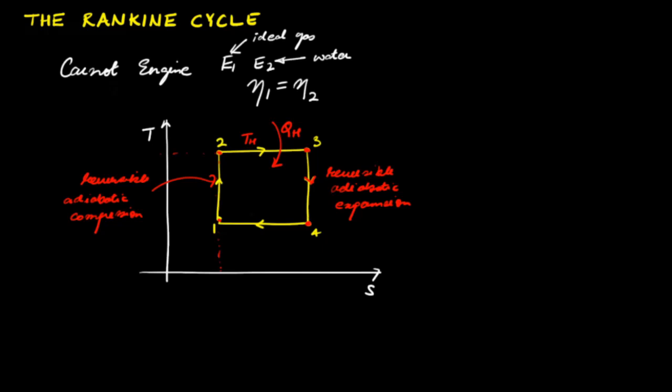From 4 to 1 heat is rejected, let's say QL, at a low temperature, that is at fixed temperature TL. So a Carnot engine that works on ideal gas or, let's say, steam, both of these engines can be represented on a TS diagram such as this.